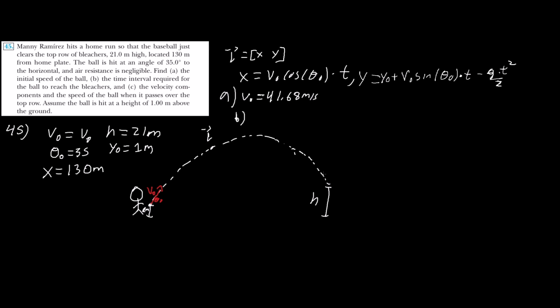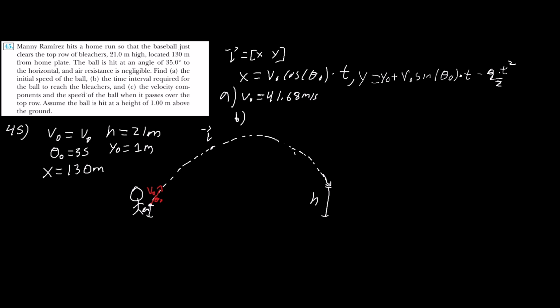All right, let's answer part B. Find the speed of the ball, that's the initial speed of the ball, my bad. I lost track of what I was doing. It's the time interval required for the ball to reach the bleachers.